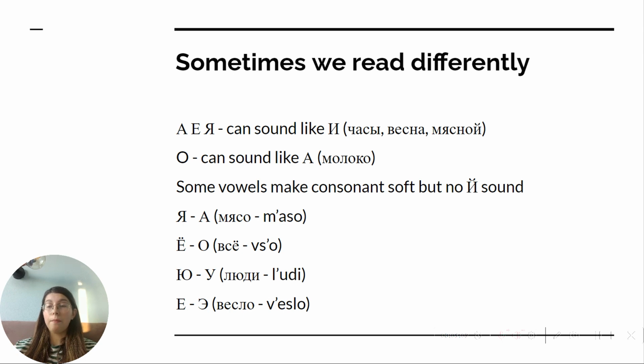Молоко, молоко. Here you hear that malako, ko is the emphasis of the word. So in this case you actually hear o, but with those parts when you don't emphasize the o, or if it's not a word from another language, like pianino, you read it like a.